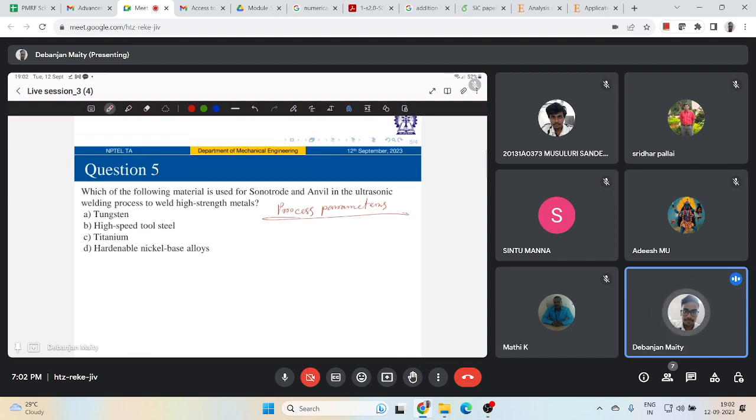So you can have the clamping force, and you can have the welding time. What else can you have?